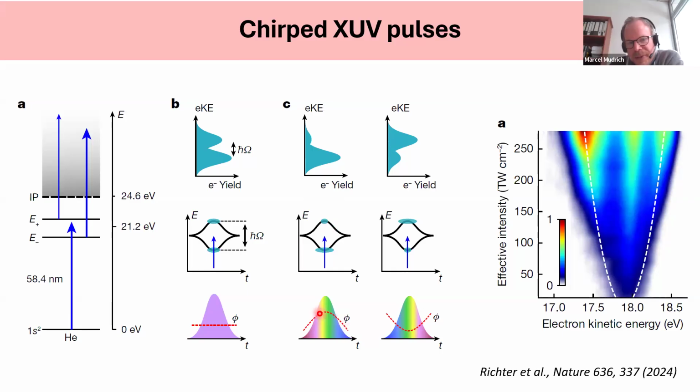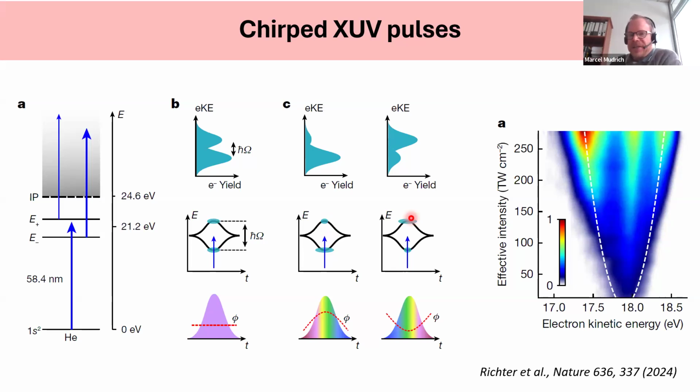If you have a chirp, this is now a down chirp, you would populate more the lower Autler-Townes split state, and with an up chirp, you would populate more the upper state of this Autler-Townes doublet, according to theory.